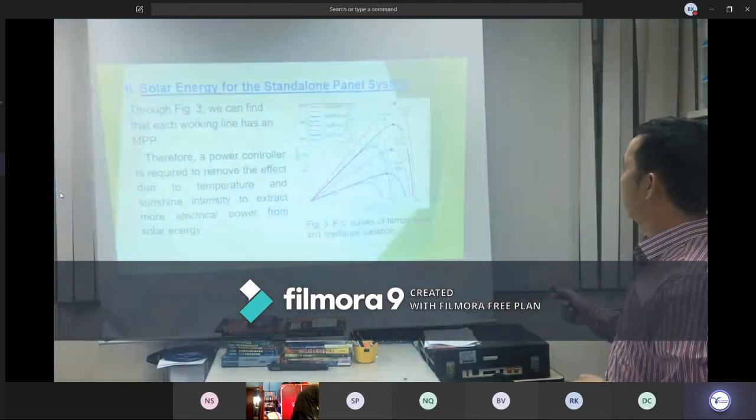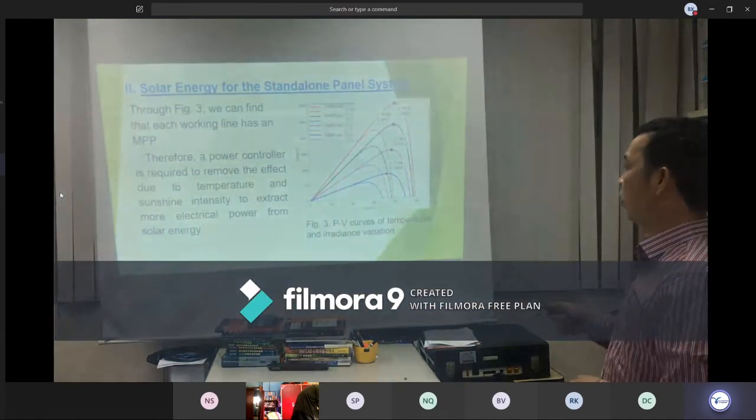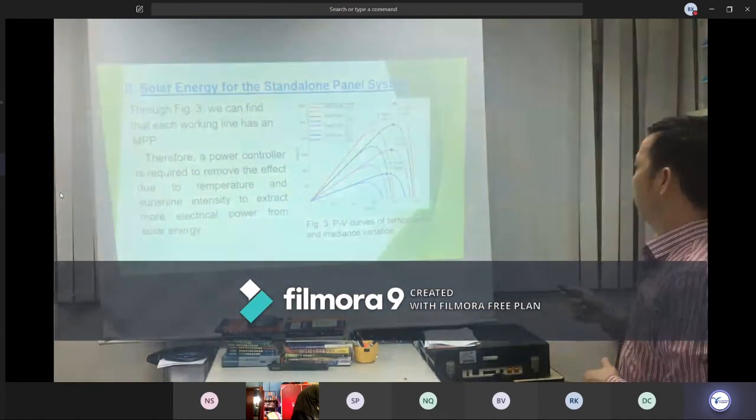Therefore, a power controller is required to remove the effects due to temperature and sunshine intensity to extract more electrical power from solar energy.